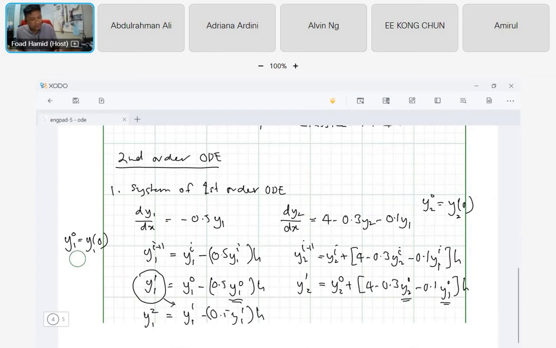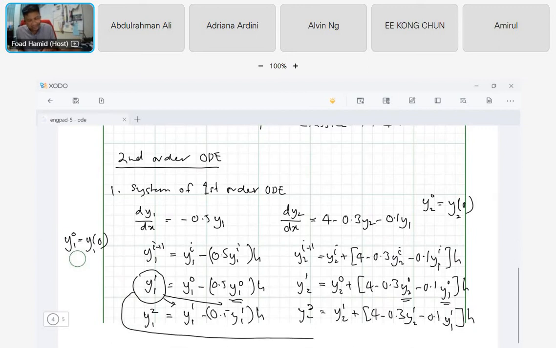The same thing for y2: y2 at 2 equals y2 at 1 plus 4 minus 0.3 y2 at 1 minus 0.1 y1 at 1 times h. Note that this value is also used here and here. I did the Excel sheet last time, and I got this solution.